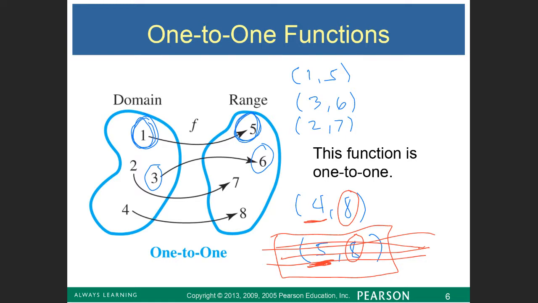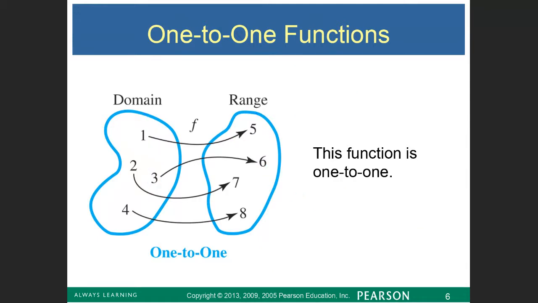So like what? For example, I put a line here, like a diagonal, increasing line. And if I do the horizontal line test, remember our vertical line test before, to test whether that is a function or not.